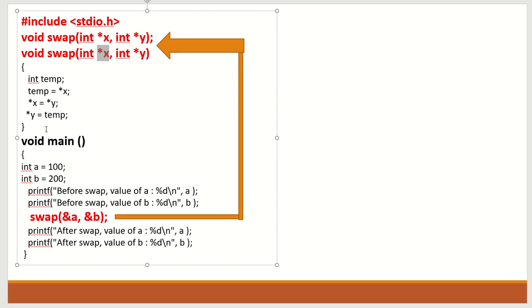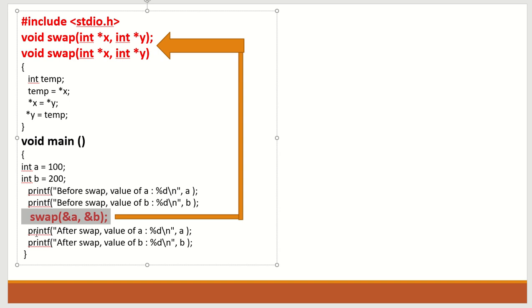Okay, so any modification done in x will reflect to your a, and any modification done in y will reflect to your variable what? b. So in this case, printf a, printf b before the swap function call will print 100, 200. Okay, no problem.